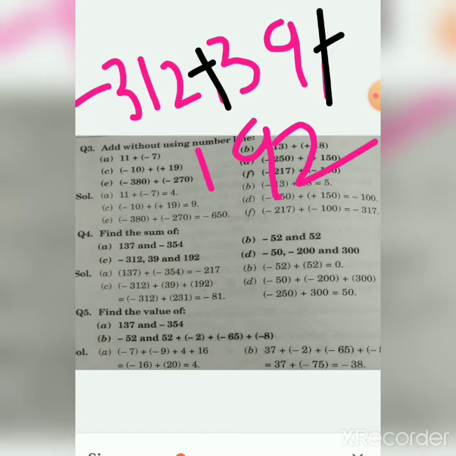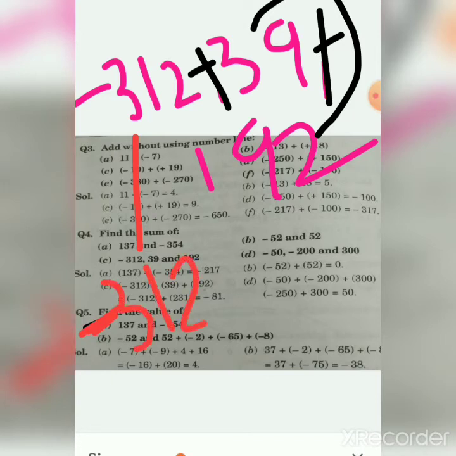First of all, check those which have the plus sign. These two are the numbers which are positive. We will add both the numbers. The minus 312 will come as it is, and plus is plus. So it will be 231 when we add both the numbers, right?